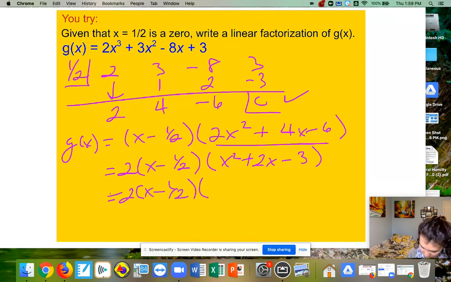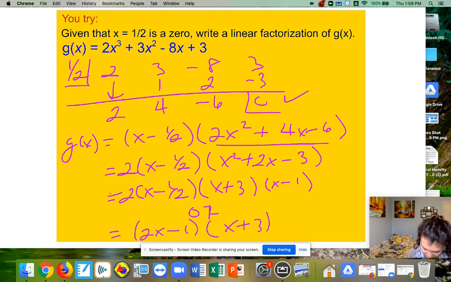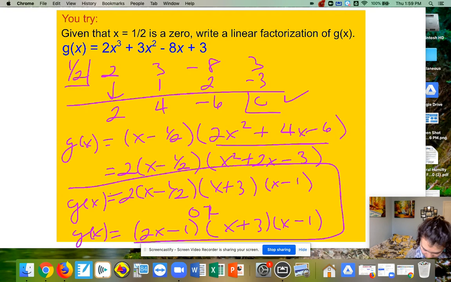So you'll get x plus 3 and x minus 1. And then again, you could factor this or distribute this 2 back in to get 2x minus 1. If you don't, that's fine. It's just a little bit neater mathematically to put that in. But you can do either one of those.